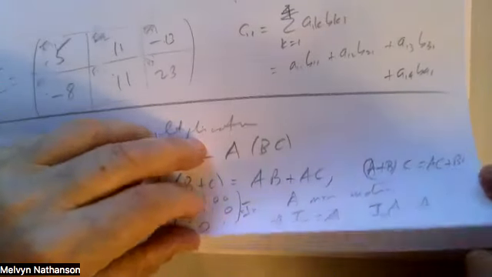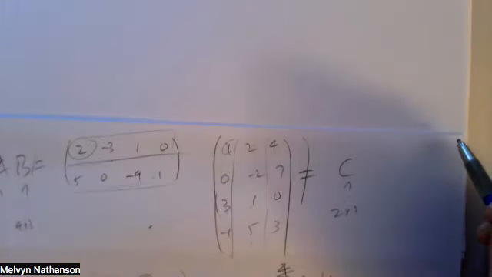Now, here is an extraordinarily important fact that distinguishes matrix multiplication from multiplying, for example, real numbers. Matrix multiplication is not commutative.